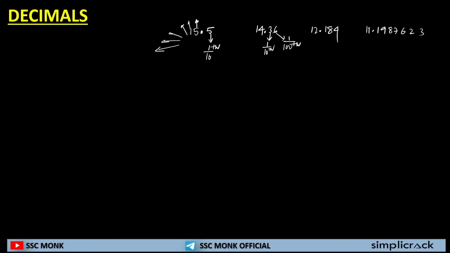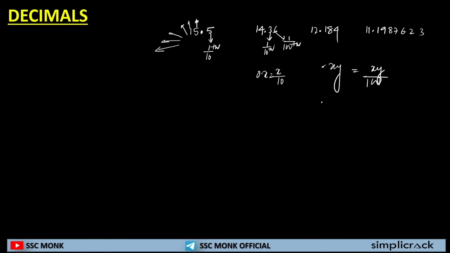So what is the trick? If there is one number after the decimal, you write it as that number divided by 10. If there are two numbers, point xy, you write it as xy by 100. As many numbers as there are after the decimal, that many zeros will be in the denominator.